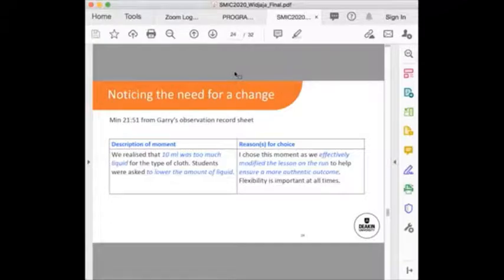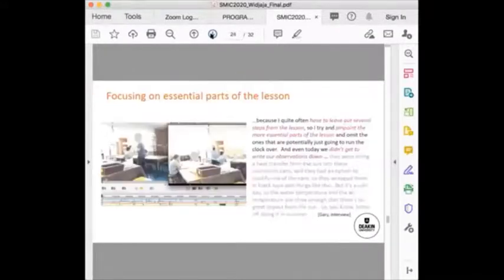So he said he had to modify the lesson on the run, and that flexibility is very important. He also commented that it's partly because of the nature of science and science experiments that he quite often had to leave out several steps.